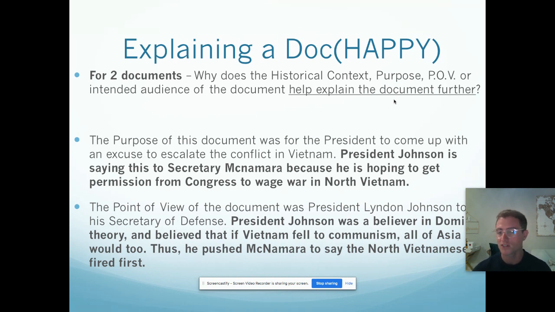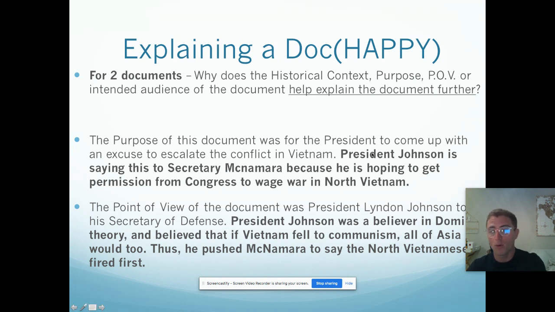So let me give you some examples of this, okay? The purpose of this document, right here, was for the president to come up with an excuse to escalate the conflict in Vietnam. That's totally the purpose of the document. But you can't just say this is the purpose of the document. You also have to put the why. Why does this help explain the document further?